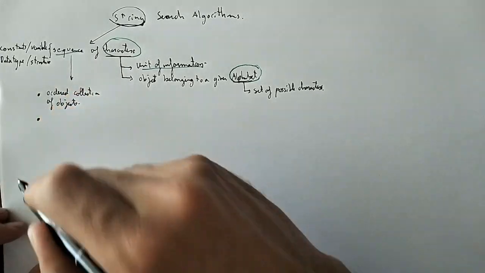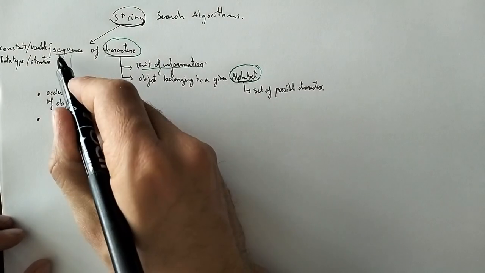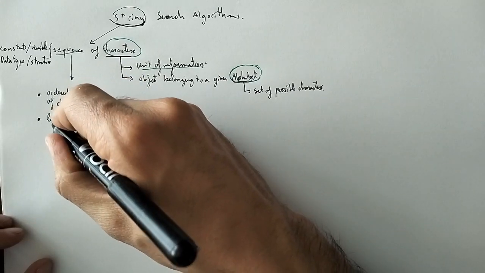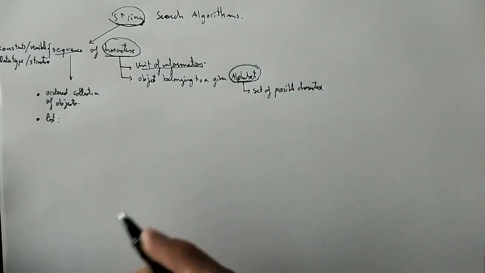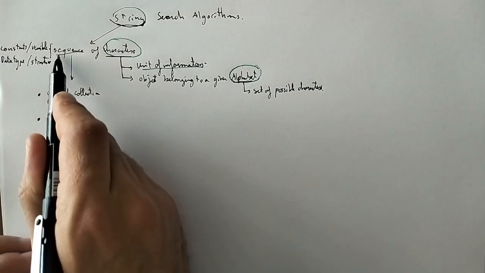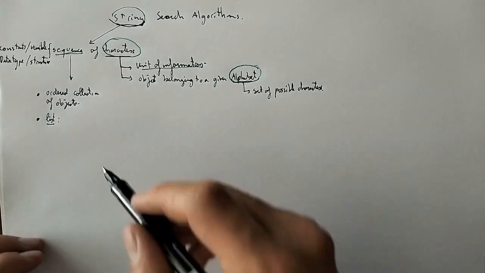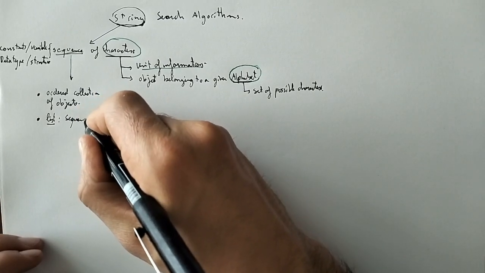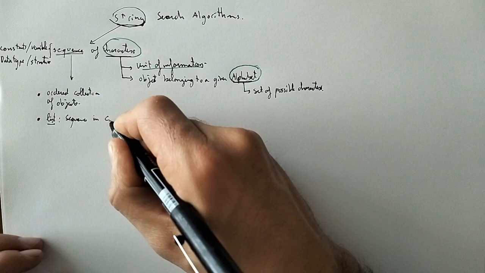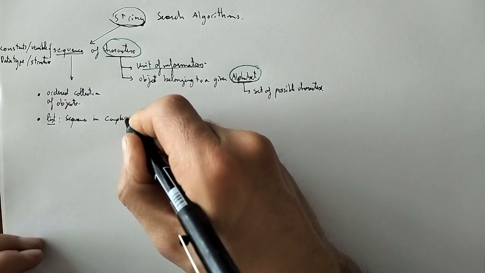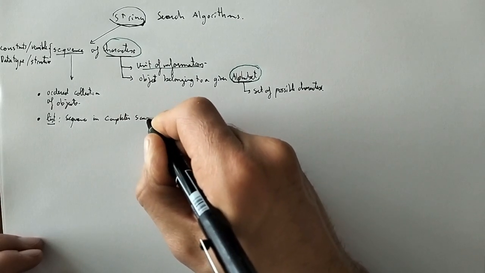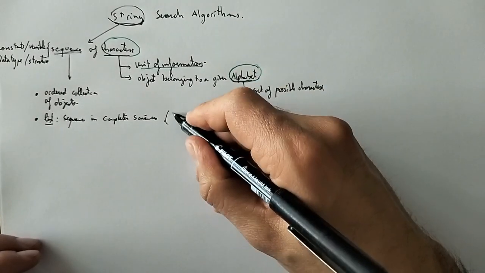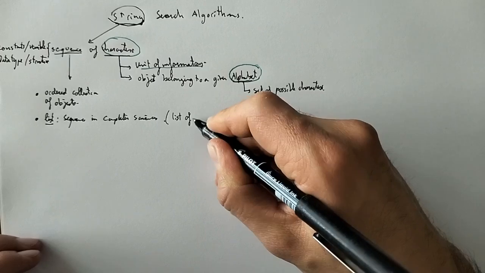And there is another concept that is related to the concept of string and sequence, that is the list. What is the difference between a sequence and a list? The difference is that a list will be a sequence in computer sciences. For example, we can say a list of integers.